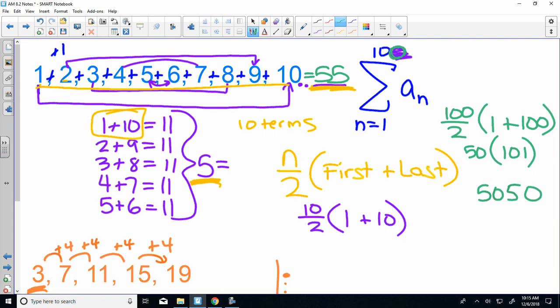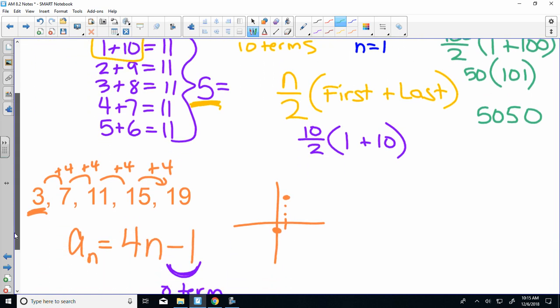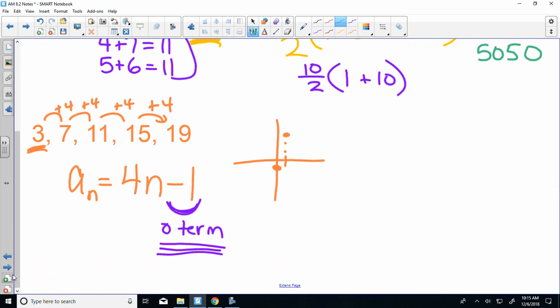All right. So you're probably thinking, okay, what happens if you have an odd number of values in your sequence? Like this one, if we were only dealing with these terms. Let's get rid of the 4. No, we're going to leave the 4n minus 1 there.